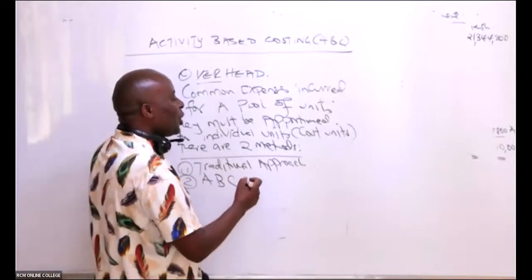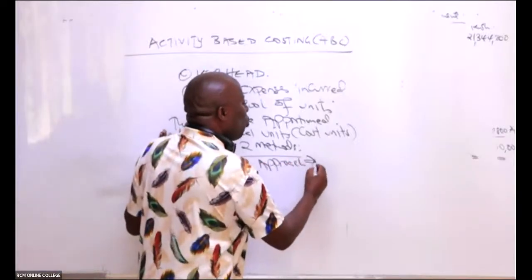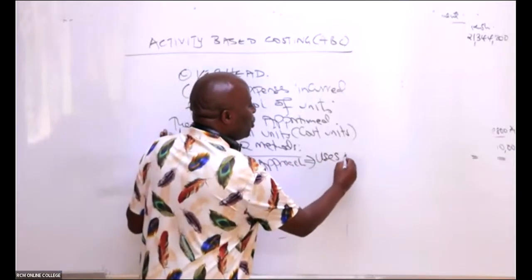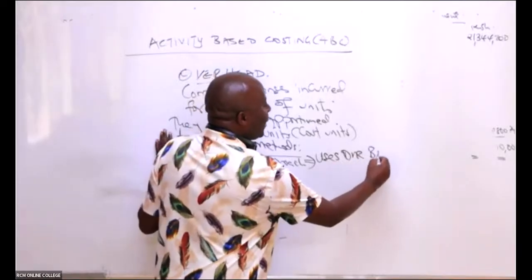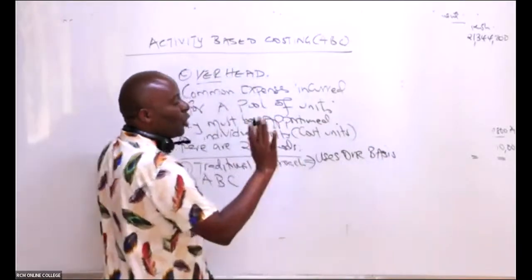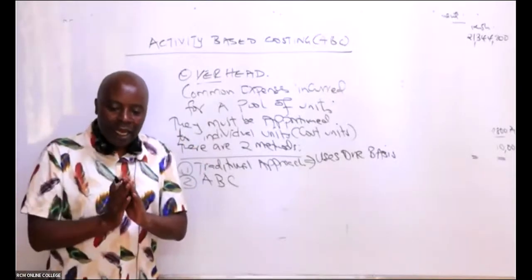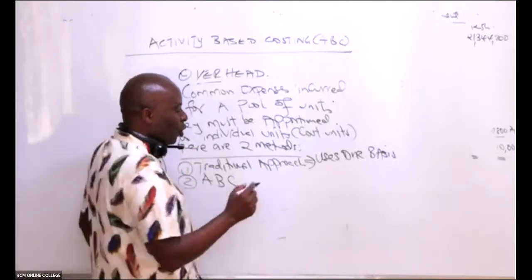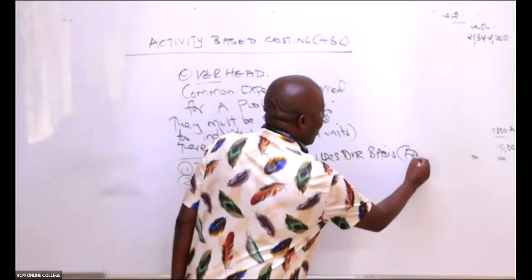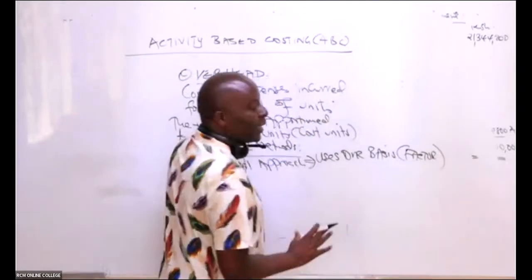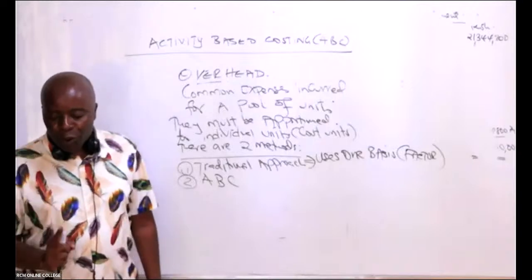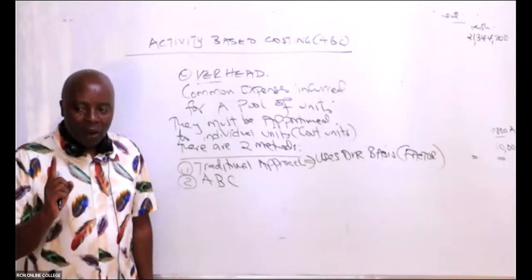The traditional approach, ladies and gentlemen, uses only one basis to apportion the entire overhead. It uses one factor. It can say, for example, we are going to be using labor hours.